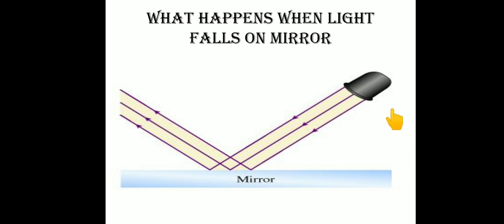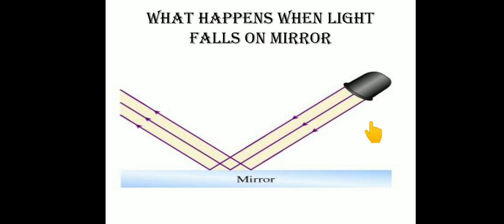Now on a mirror, whenever light falls, the mirror has a shiny surface. So when light falls on a shiny surface, it returns in the same direction, meaning it is not passing through. As you have studied in your previous class, through transparent objects the light passes through, and through opaque objects the light cannot pass through.